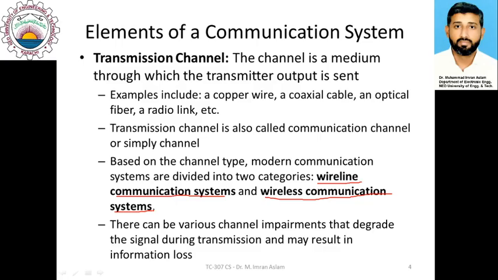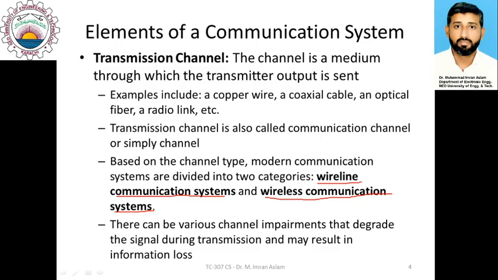Actually, for this course we will be focusing on the wireline communication system, but there are certain applications where we do not use a dedicated material to carry the signal, and we rather transmit our signal through the air or through free space. In such cases the system is named a wireless communication system.